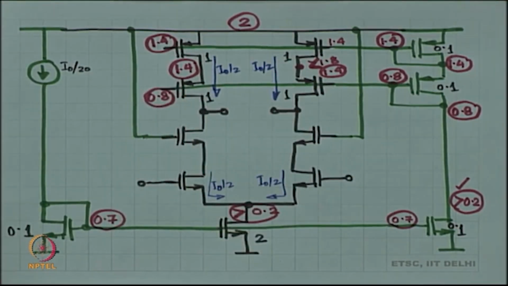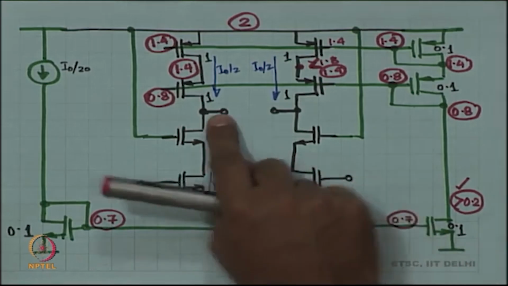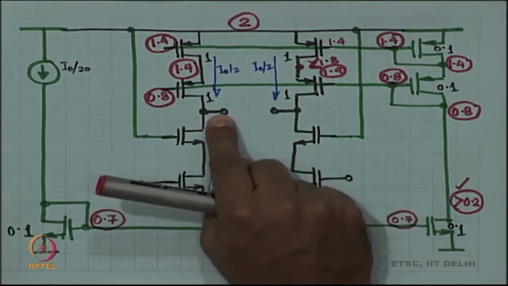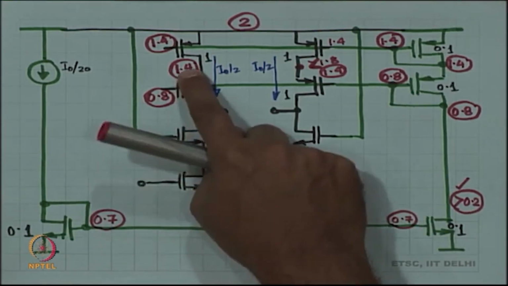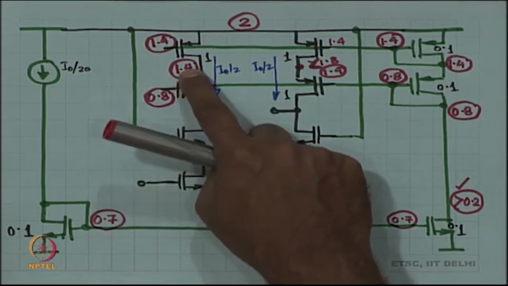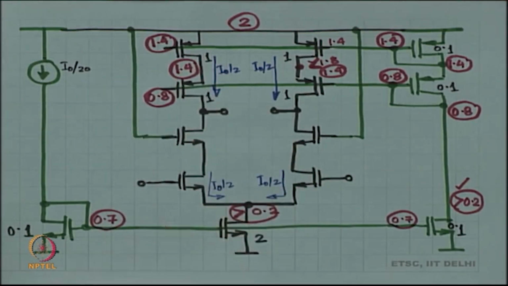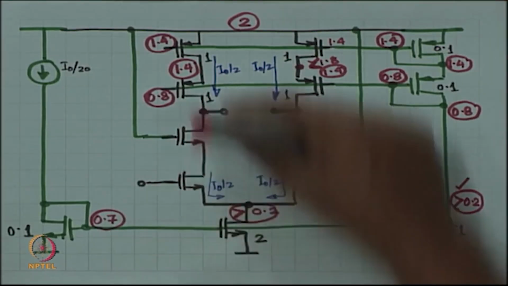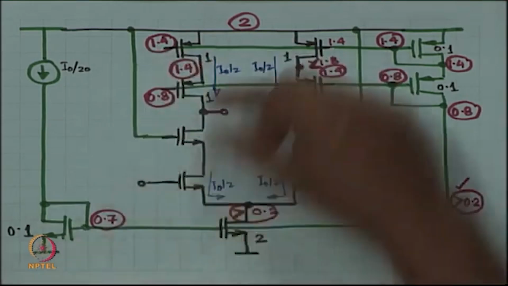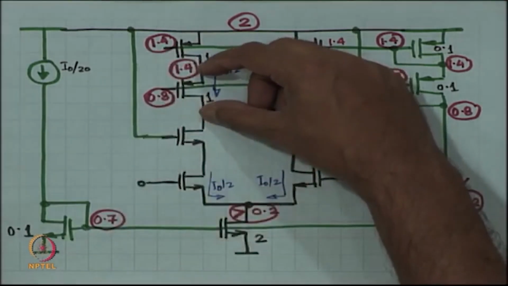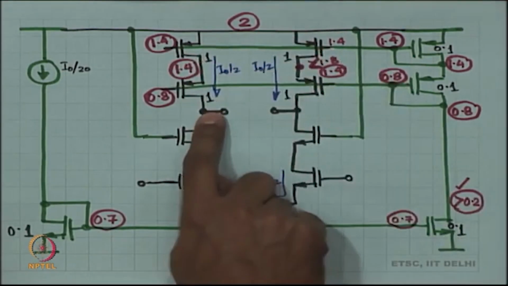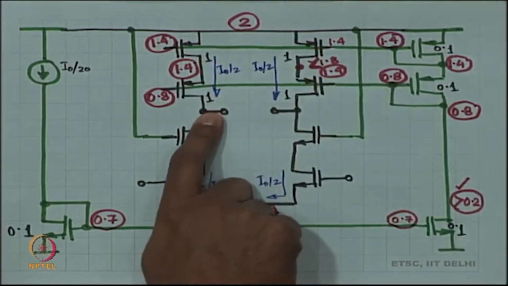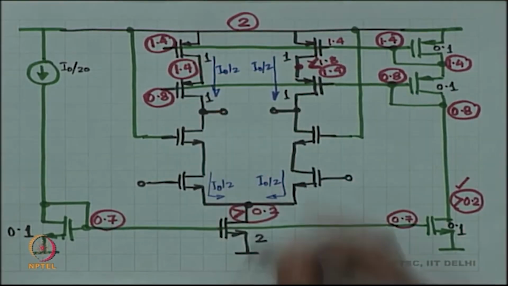All right. Next, let us figure out what is the maximum voltage over here. This is at 1.4, VSG required is 0.6, VSG minus VT is 0.2, which means that V source to drain has to be at least 0.2 volts, which means the maximum voltage at this node is 1.2.